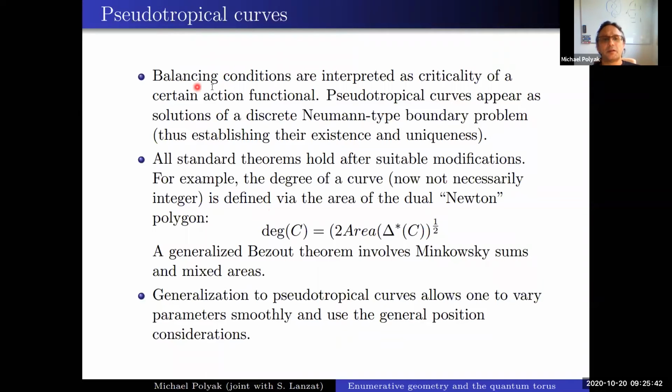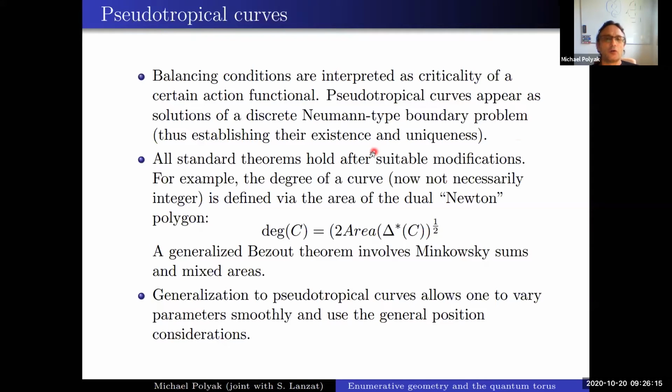You can actually look at these curves as critical points of a certain action functional, and they do appear as solutions of some discrete version of a Neumann type boundary problem. Again, I will not enter into details. It's too long and complicated. It has to do with some Kirchhoff laws and electric networks, in fact.